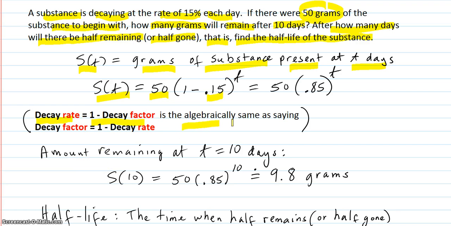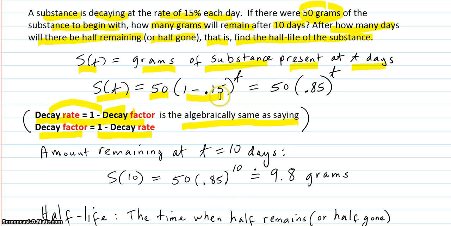But that's algebraically the same as saying the decay rate is 1 minus the decay factor. You can see that by adding this quantity over here and subtracting this over there, and it would be the same.